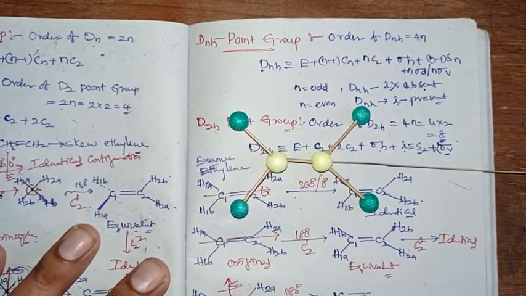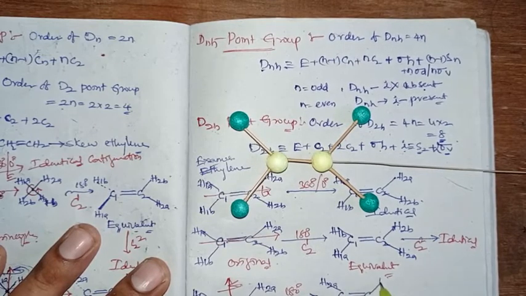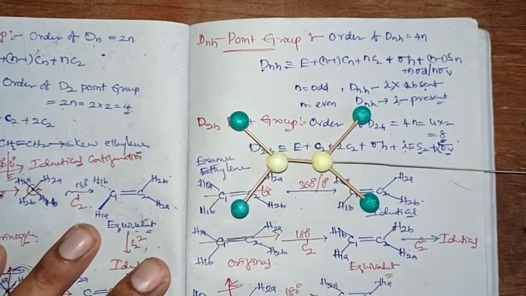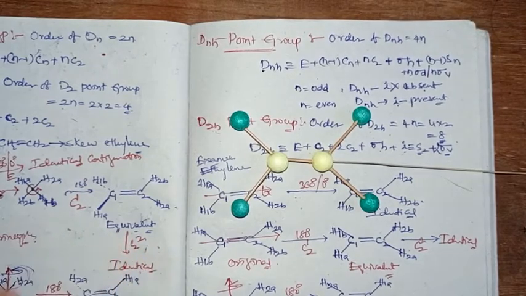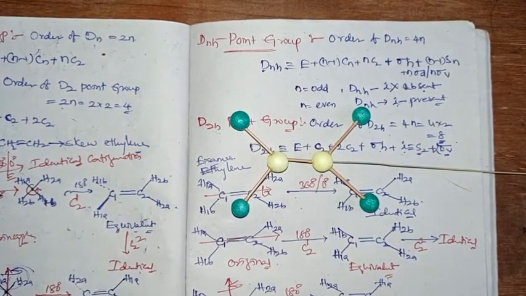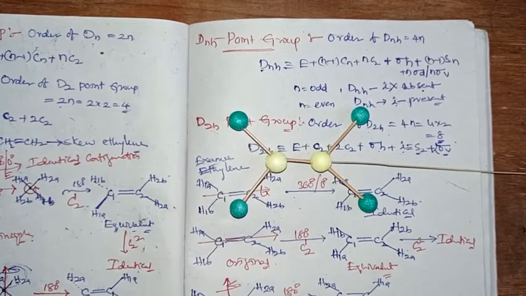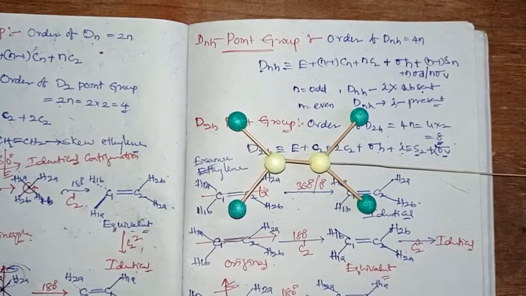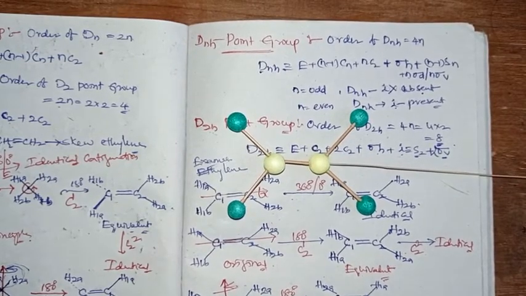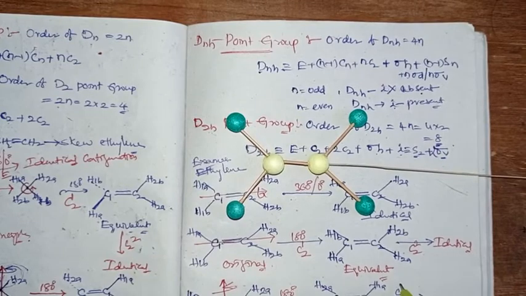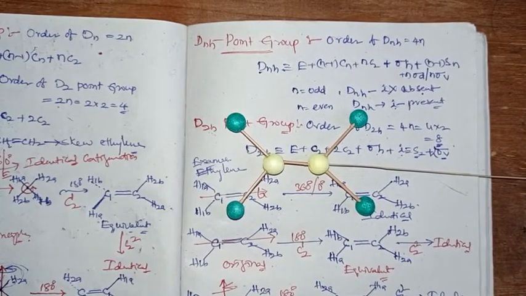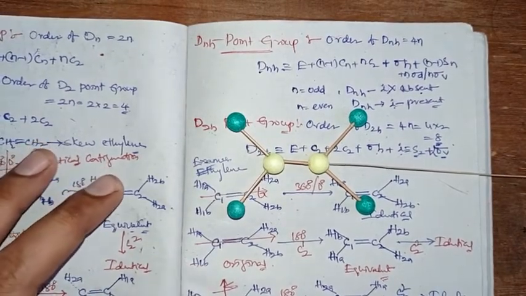The above hydrogens H1A and H2A get replaced with each other, and the below B hydrogens, 2B and 1B, get replaced with each other, and it generates an equivalent configuration, right? So this is also a vertical two-fold rotational axis. Doing it a second time generates an identical configuration, right?